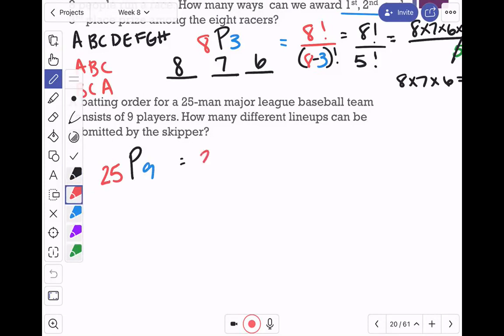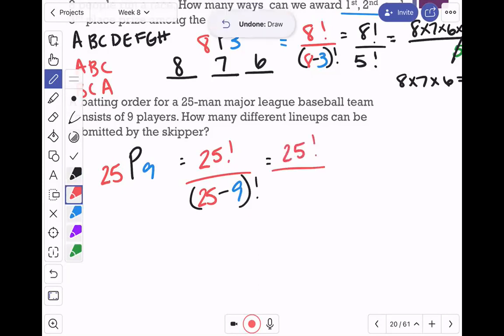That's equal to 25 factorial over 25 minus 9 factorial. So 25 factorial over 25 minus 9 is 16. 16 factorial.